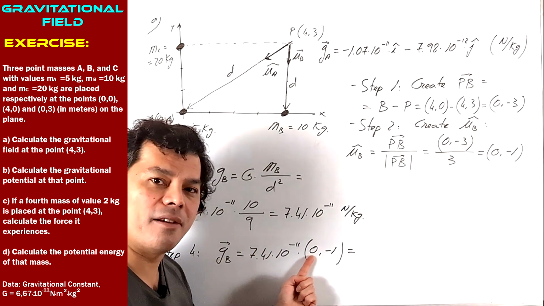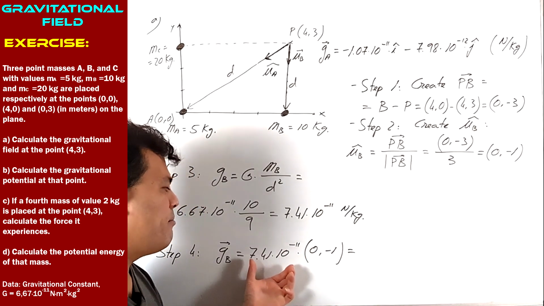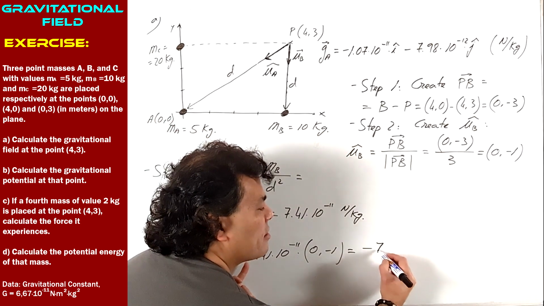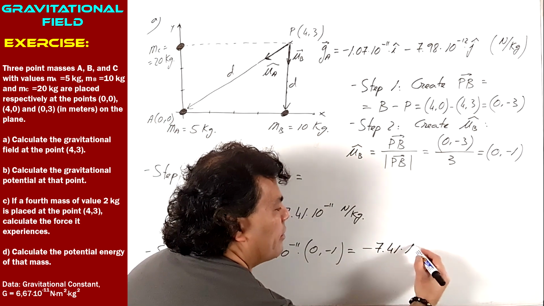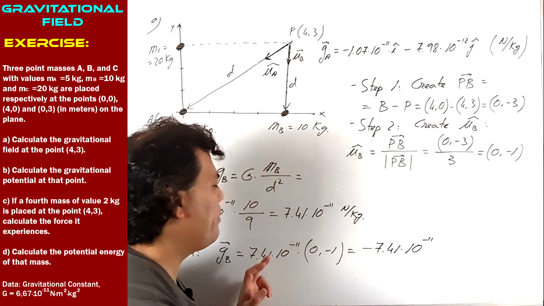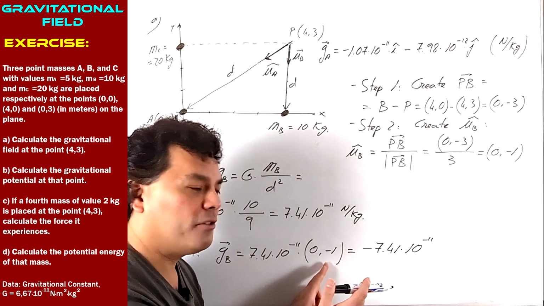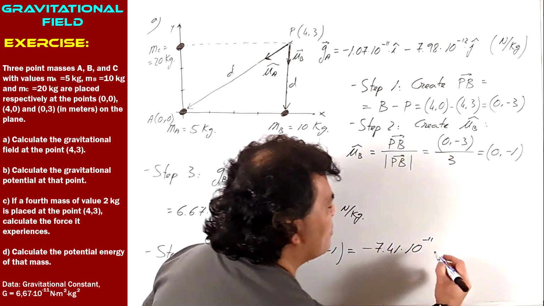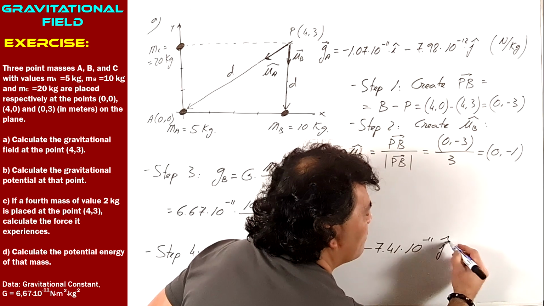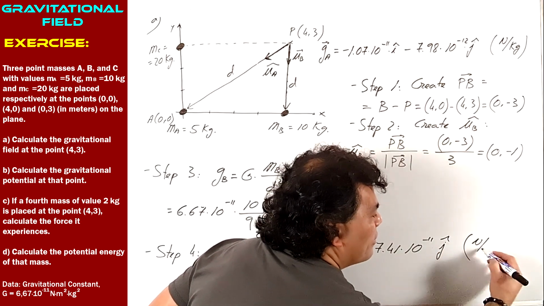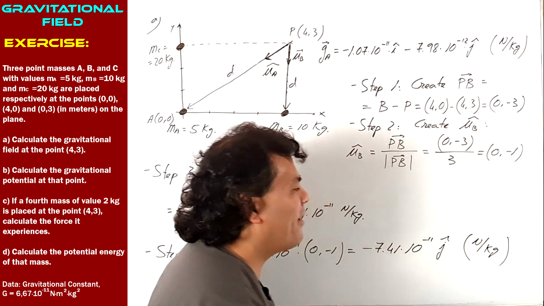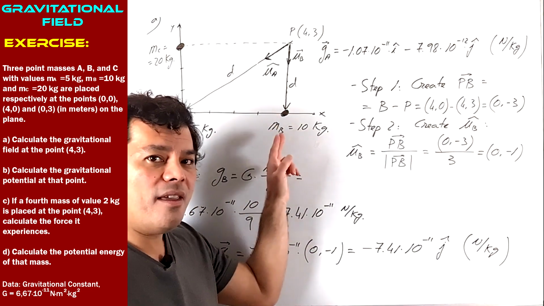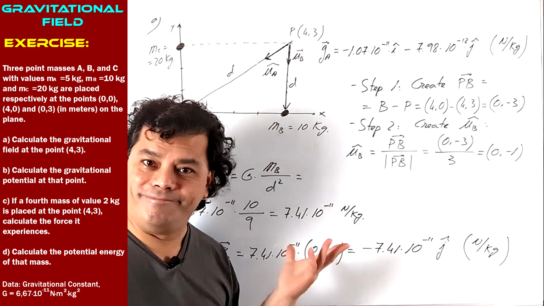There is no horizontal component. And this magnitude multiplied by negative 1 will be negative 7.41 times 10 to the negative 11. Using physical notation, as this is the second, vertical component, we use j as the unit vector. And of course, don't forget the units, please: newtons per kilogram. And this is the gravitational field caused by mass B at point P.